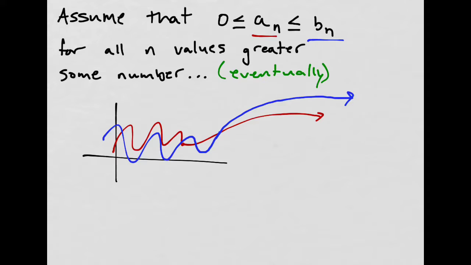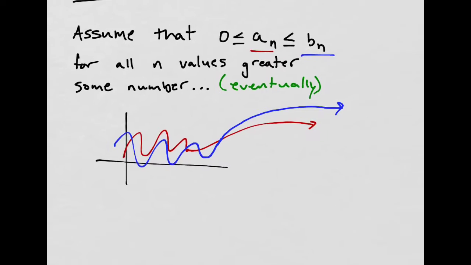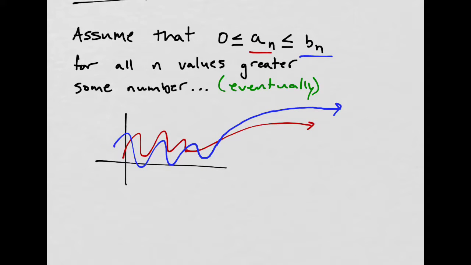And for series, we actually don't care what happens when n values are relatively small. We care about it when n values are approaching infinity. So assume that we have two sequences where this one is the top sequence, and this one is the bottom sequence.